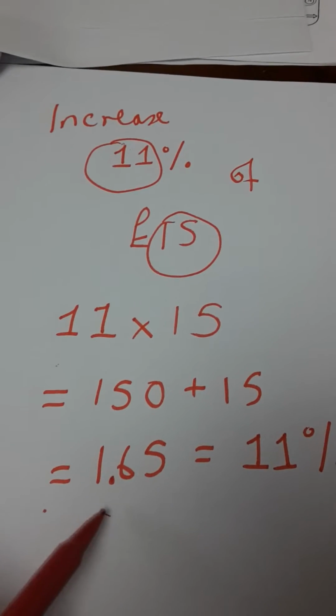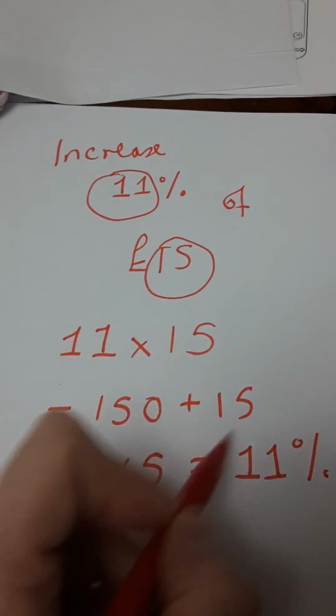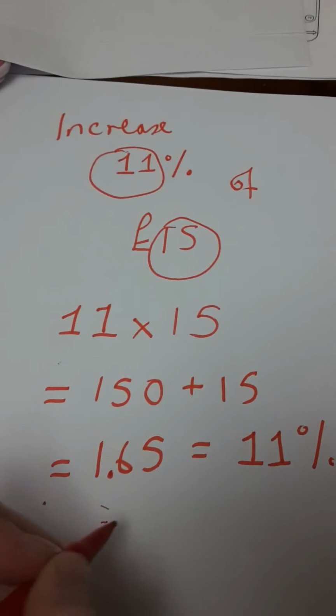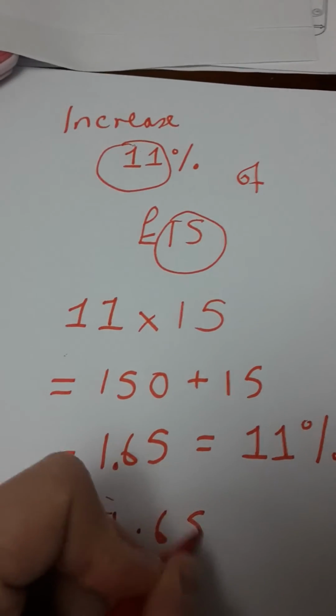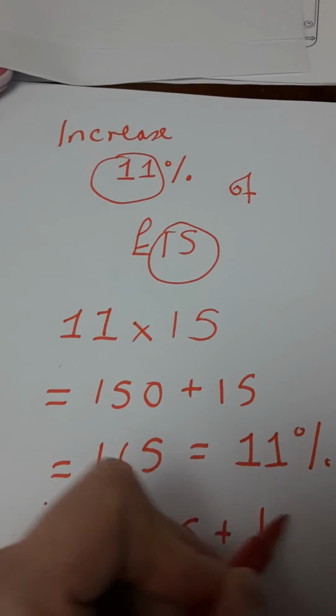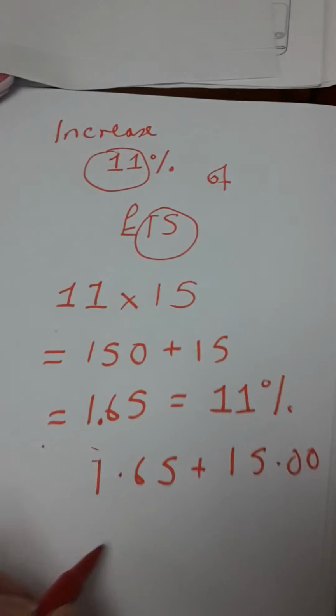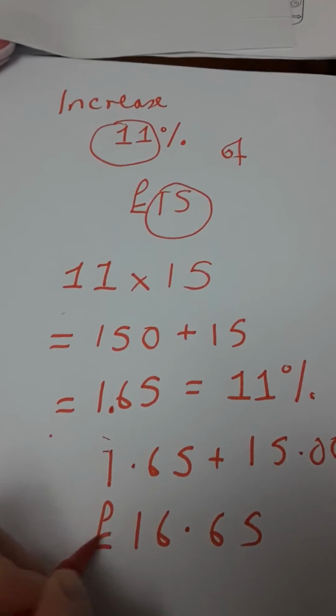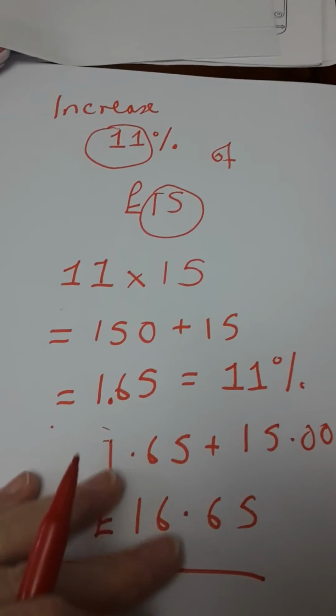Now, what I need to do is to add that 11% on to our original amount. So, 1.65 plus £15 equals 16.65. Job done.